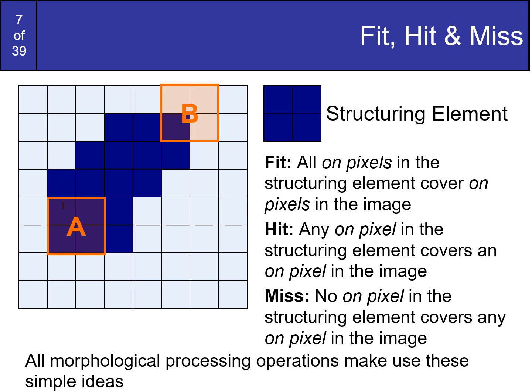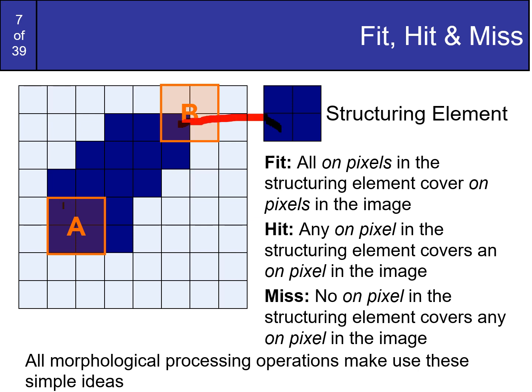So B is an example of a situation called hit, where only one pixel on the structuring element matches a pixel on the image.